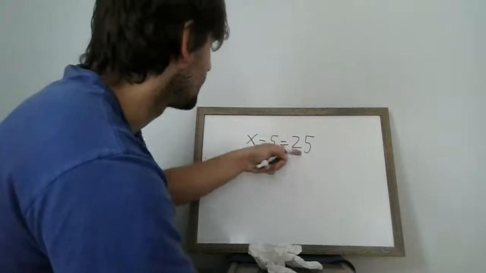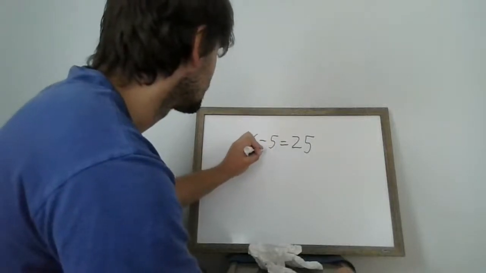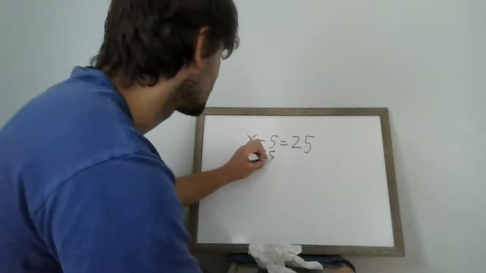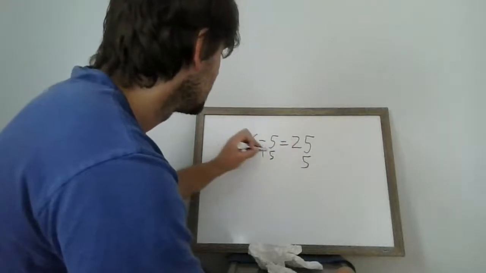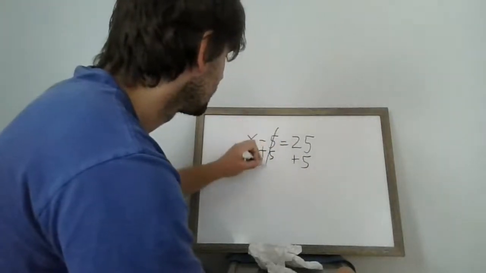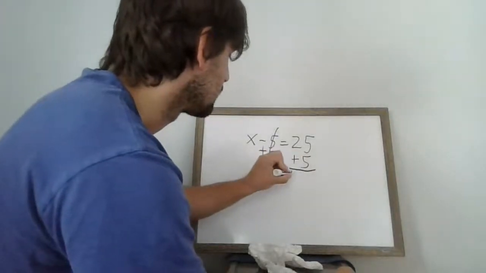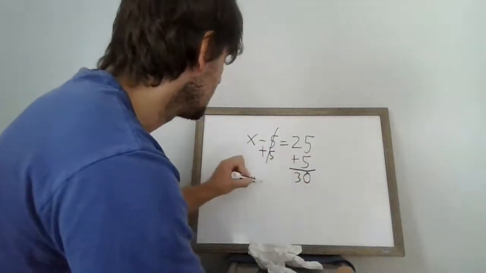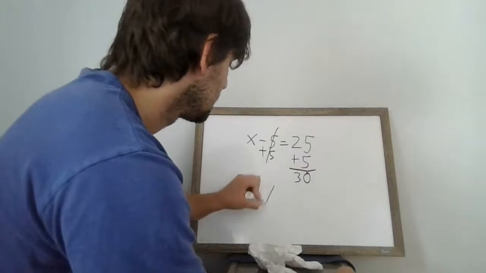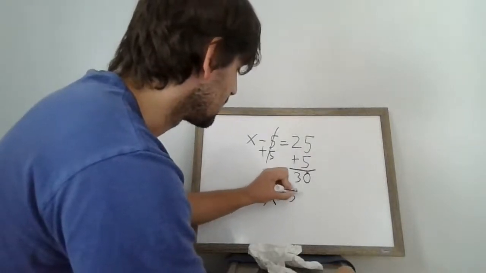So we got to get the 5 on the other side of the equal sign. It's a subtraction problem, so in order to get the 5 on the other side, we have to add. These two numbers cancel out. 25 plus 5 equals 30. So x equals 30.